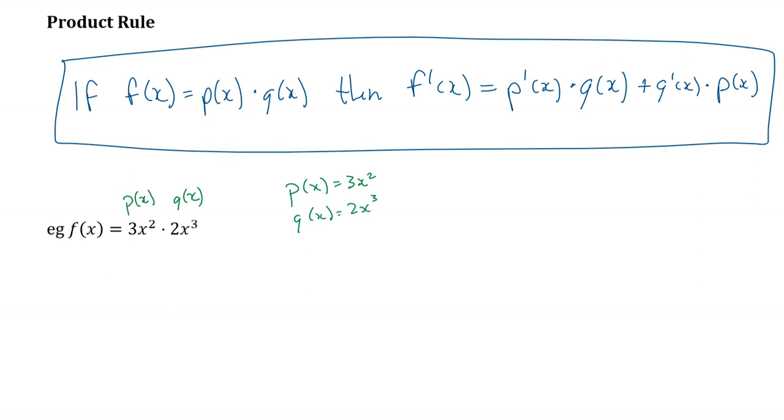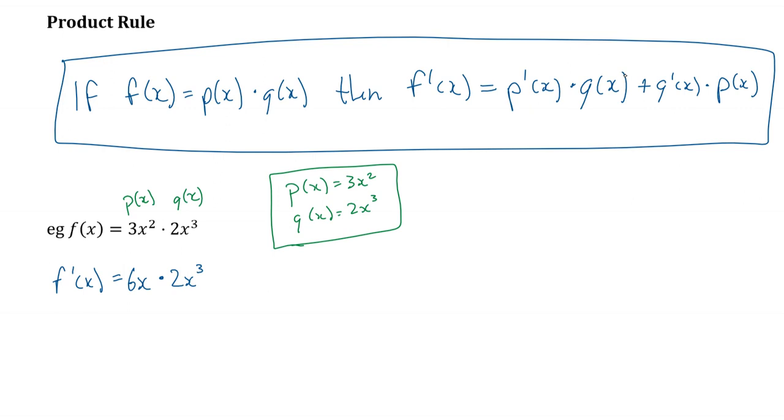While you're getting used to this, you might write this down. You might identify for yourself what each part of the product is. You could even do those derivatives separately. We've already done them, so I'm not going to redo them. So, derivative of the first thing, derivative of p is 6x, times the second thing, 2x cubed.